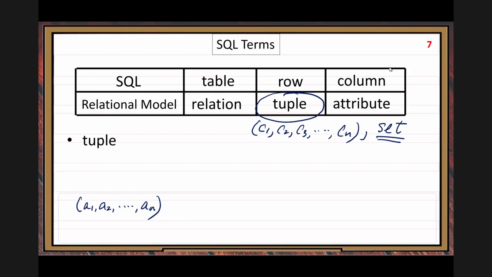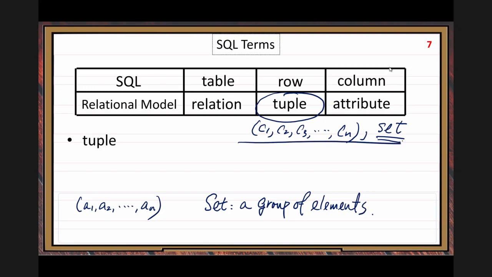How do we define a set? A group of elements forms a set. But a tuple is also a group of elements, and they have different properties.